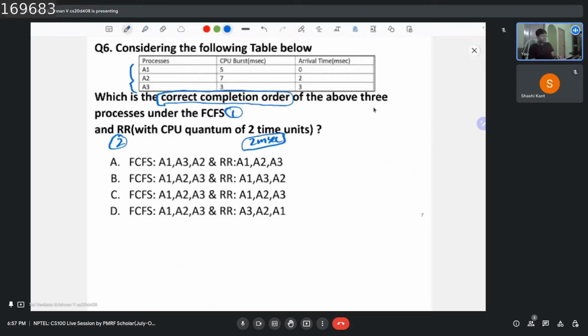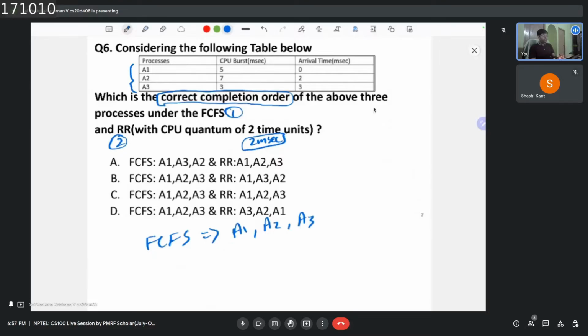Right. So first, let's see FCFS. In FCFS, processes get scheduled onto the CPU based on arrival. If you see the arrival, A1 came first, so A1 will get completed first. Then A2 came, so A2 will be second, and finally A3 came, so A3 will be the third process to get completed.